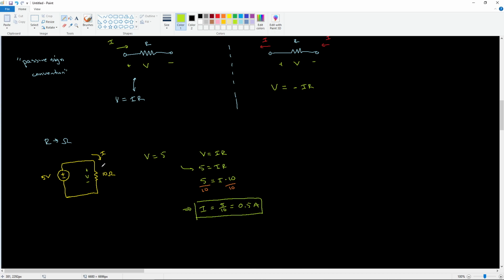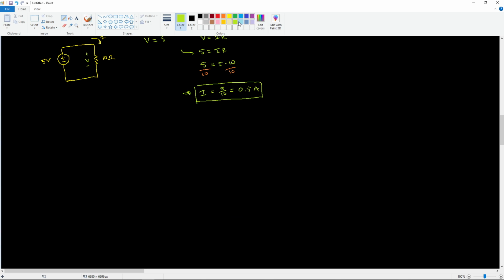And then similarly, we can have another circuit where, say, I have a current source of 2 amps, and I'm sending that 2 amps into a resistance. Let's say that that resistance is also 10 ohms. So from our Ohm's law picture, I have 2 amps flowing into my 10 ohm resistor, and what I want to figure out is what the voltage V across it is.